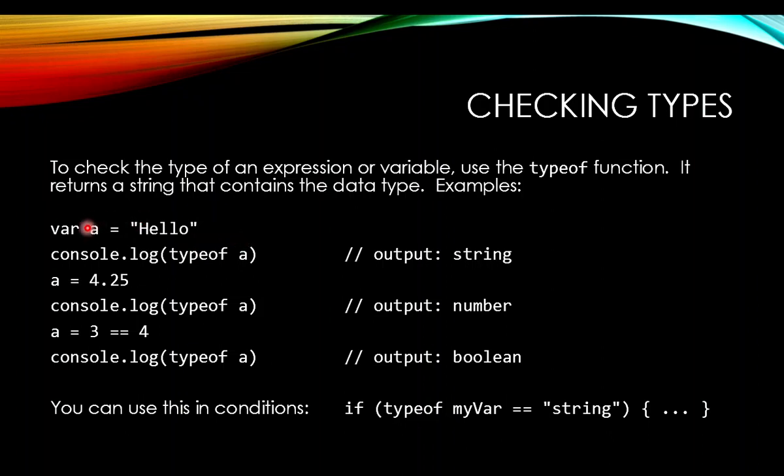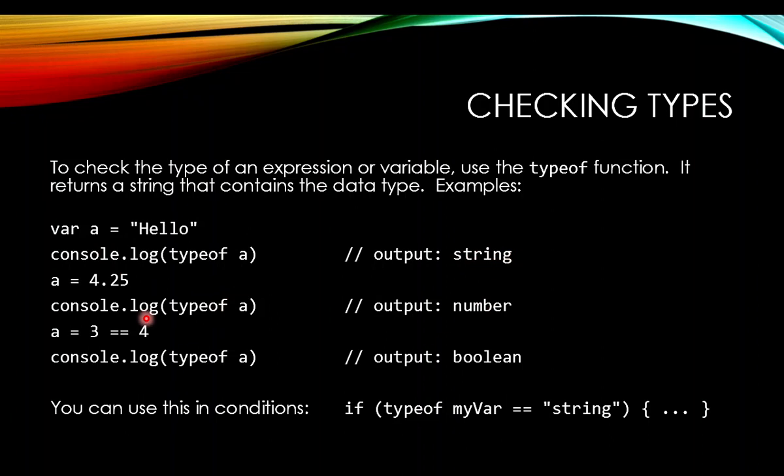So if we have a variable called a, and we store "hello" in it, and then we ask, hey, JavaScript, what is the type of a? What is the data type associated with a? It will output lowercase string, saying, hey, this thing is a string. Now if we turn around and stick 4.25 in it, and we ask again, it's going to say number. This thing is a number.